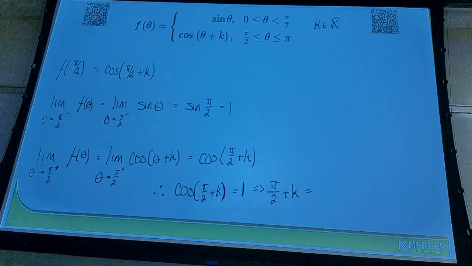Right, because 2 pi is just one revolution, but that's not the only coterminal angle. 32 pi would also be coterminal. So pi over 2 plus k has to be 2n pi, where n is any integer. I'm saying that pi over 2 plus k has to be a multiple of 2 pi.